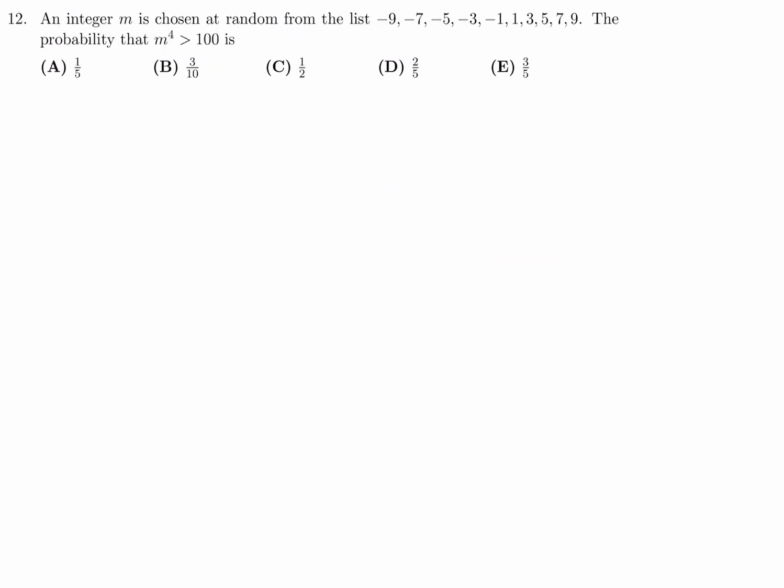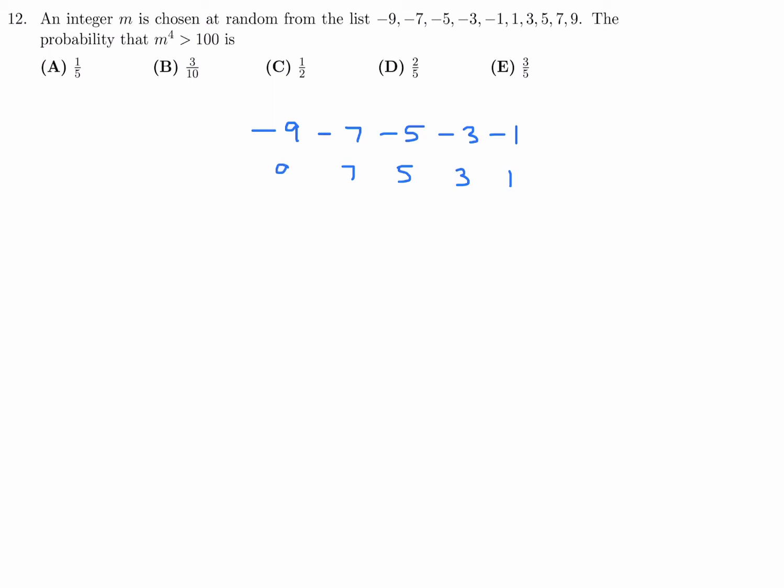An integer is chosen at random from this list. The probability that that integer to the power of 4 is greater than 100 is... Well, one thing you'll notice about this list is that it is pretty much the same numbers. The only difference is that some of them are positive and some of them are negative.